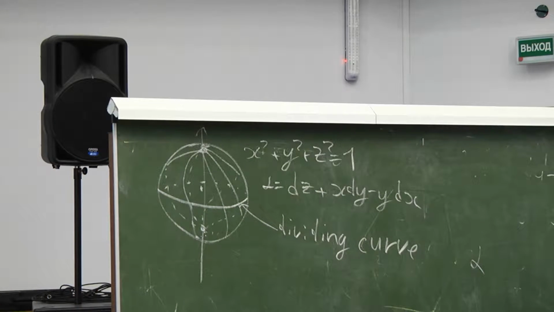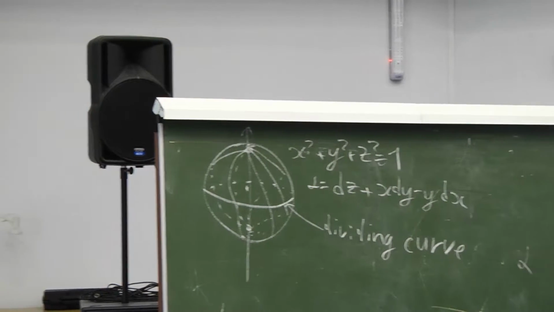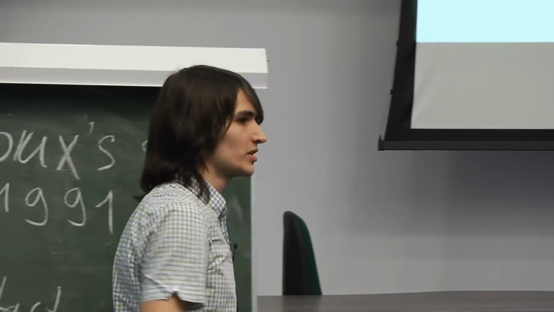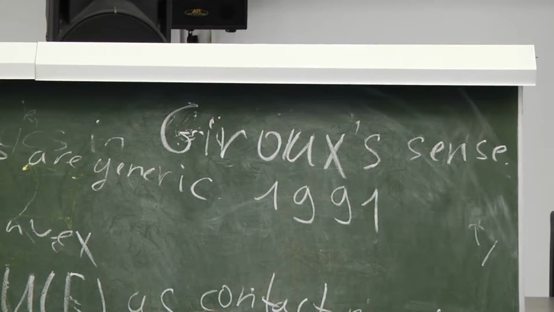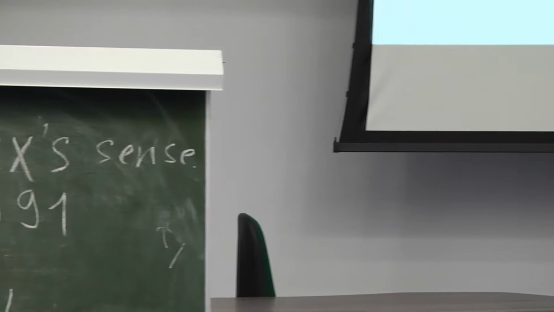Okay, and now I will formulate the theorem. No, this is also embedded curve. This is a submanifold. Okay. All information about neighborhood of the convex surface is contained in the dividing curves. So, the theorem.